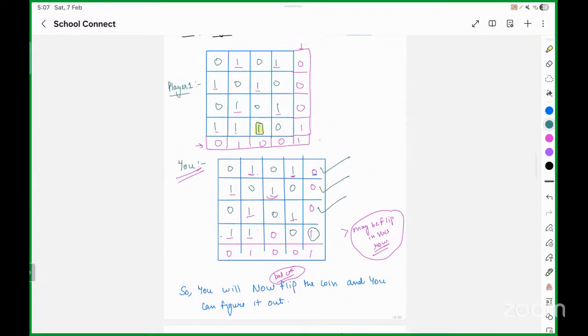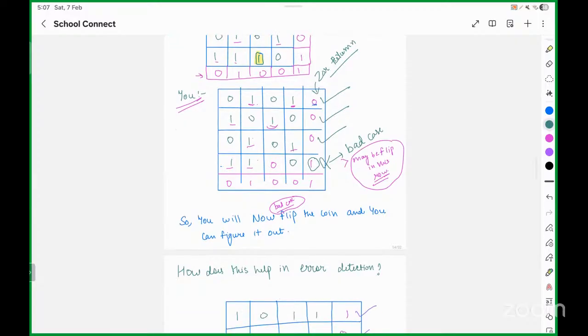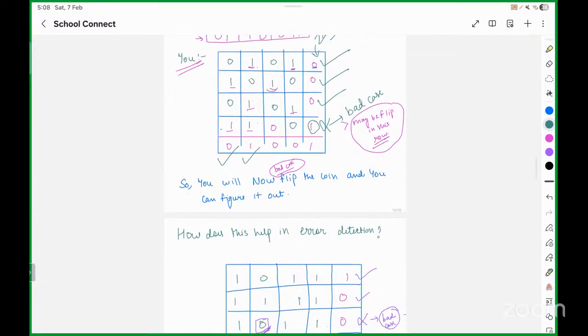So which should not be the case. So basically this is the XOR column, and this is the bad case. Now we will do the same thing column-wise. This is 1 and 1, 0, which is good. 1, 1, 1 is odd, which is 1 again. This is good. This is 1, but here it's 0.